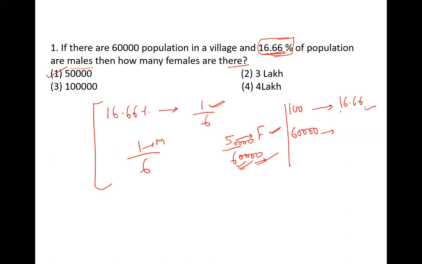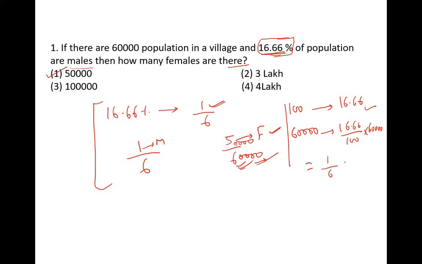So 16.66 upon 100 multiplied by 60,000. Okay, right? So it becomes what?